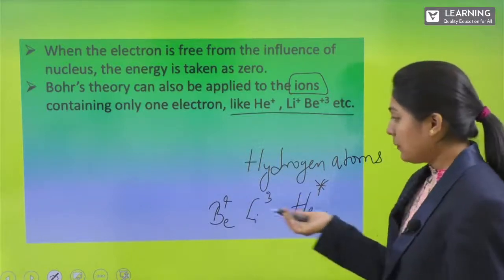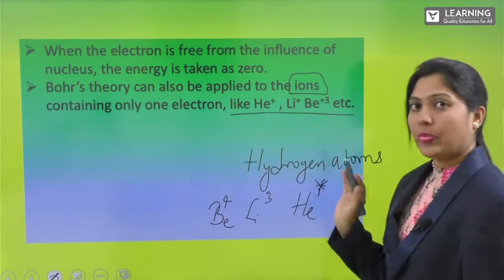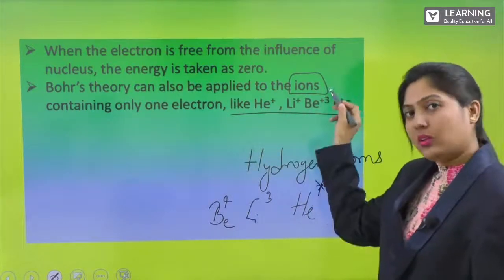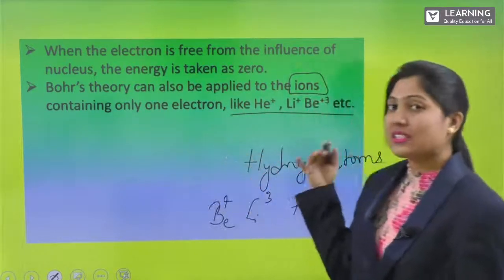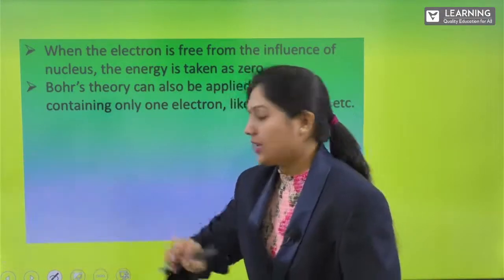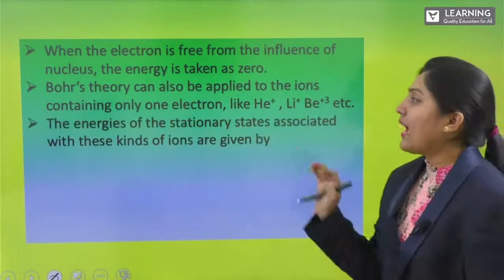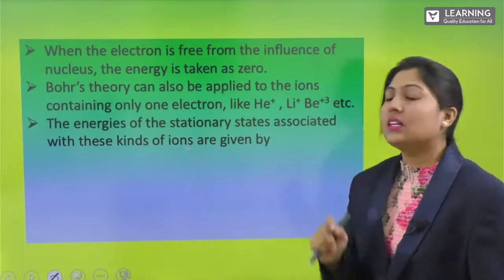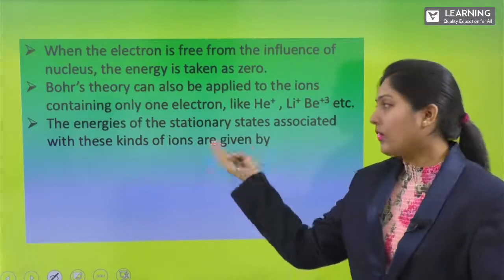Now tell me, will it be equal to hydrogen-like atoms? No. You should say hydrogen-like ions, or ions containing one electron which are similar to the electronic configuration of hydrogen. And these energies of stationary states are associated with the similar kind of ions.